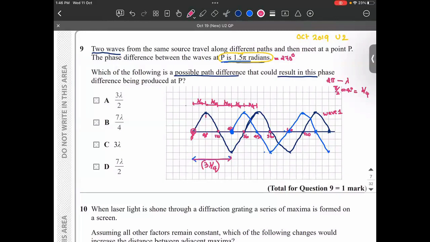But if you look at the options, there is no 3 lambda by 4 option, correct? So now we will see the next possibility. The next possibility is we will check at which point again there is a phase difference of 270 degrees. So that is this point.